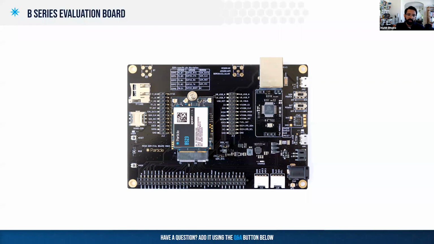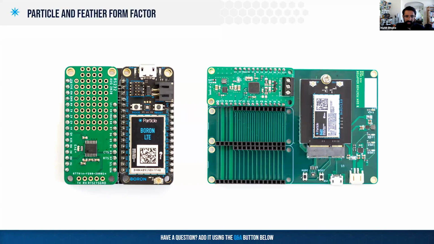But say you are too good to be using an evaluation board, and you say, no, I want to make my own design from scratch. You can do that too. I think the easiest way to do that is with the Boron, because the Boron already has all the power management on it. And since it comes in a Feather form factor, you can create or buy a FeatherWing. These Feather form factors were introduced by Adafruit.